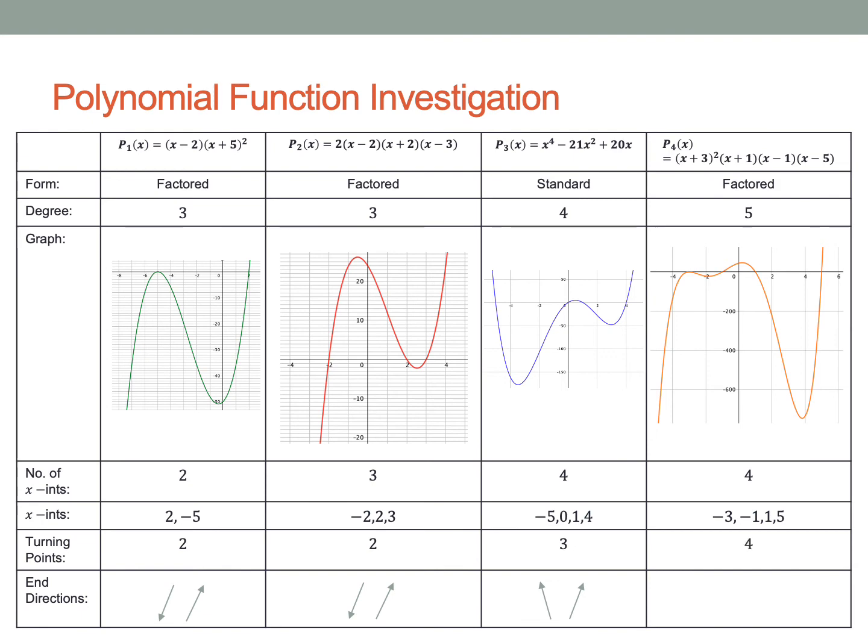The number of turning points is 4. Like I said, the degree of the polynomial is related to how many x-intercepts you have and also the turning points. It's also related to end behavior, and we'll talk about that when we go to summary. End behavior for this one: as x goes to negative infinity, y goes to negative infinity, and as x goes to positive infinity, y goes to positive infinity.